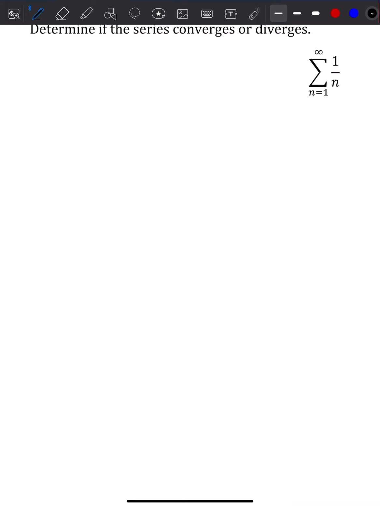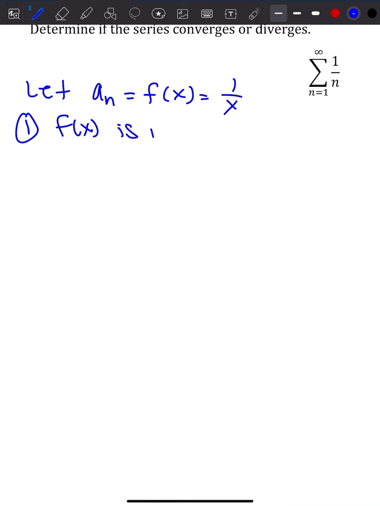So, let a sub n equal f of x, which equals 1 over x. We're only plugging in numbers bigger than 1, so it's definitely positive, for x bigger than or equal to 1.